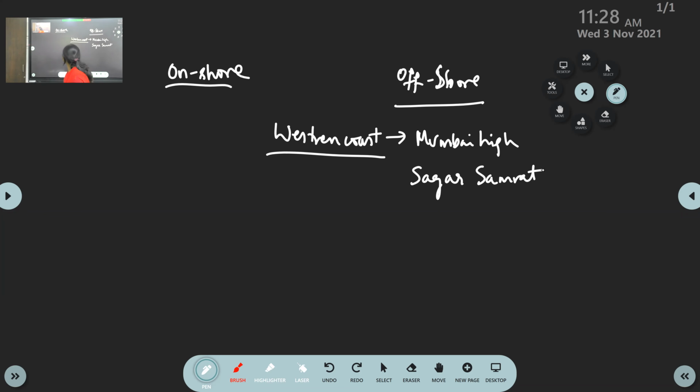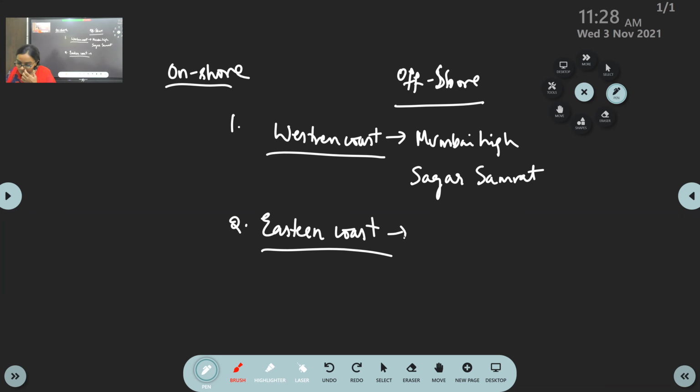Eastern coast, second one. The basins and delta regions of Godavari, Krishna and Kaveri hold great potential for oil and gas production.